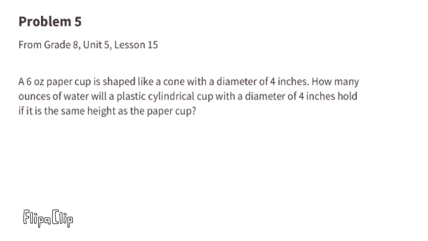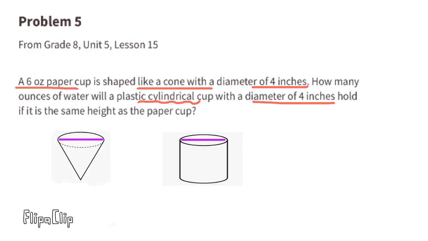Problem number 5 from 8th grade, Unit 5, Lesson 15. A 6-ounce paper cup is shaped like a cone with a diameter of 4 inches. How many ounces of water will a plastic cylindrical cup with a diameter of 4 inches hold if it is the same height as the paper cup?